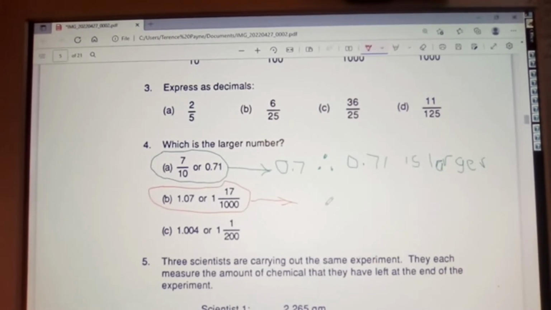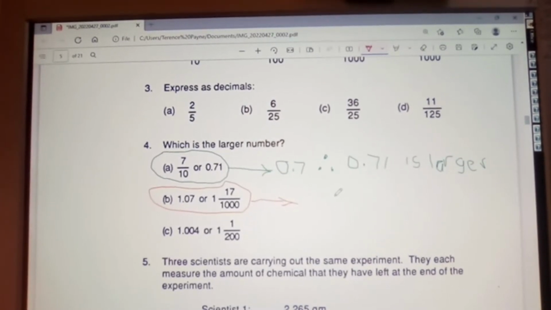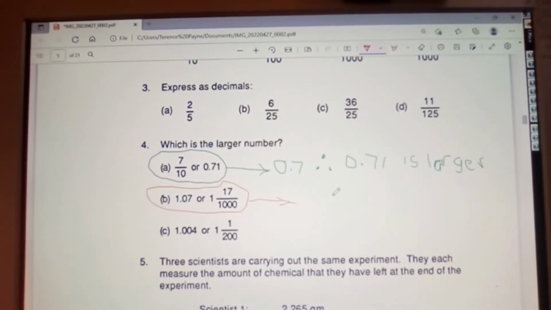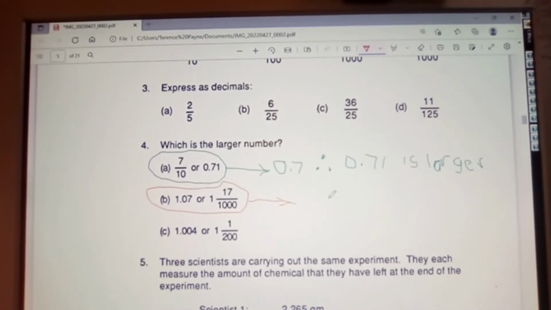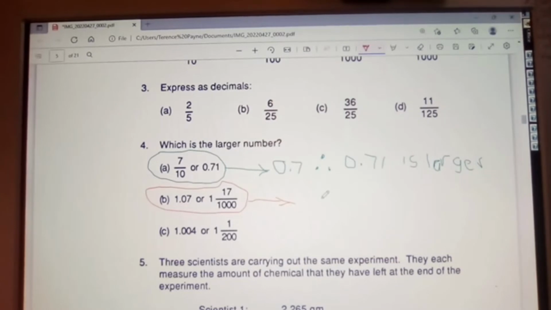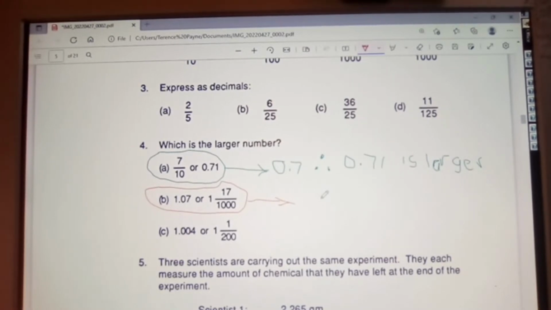Okay, so we're going to bring 17. Now I'm just going to do this simply, because I've done a lot of the work for you already. So we can say that 17 divided by 1000 is 0.017.